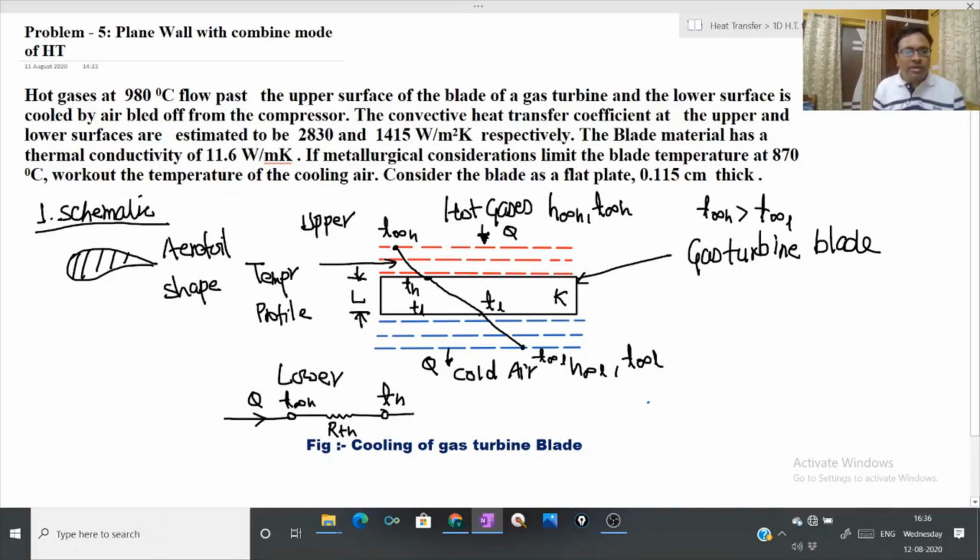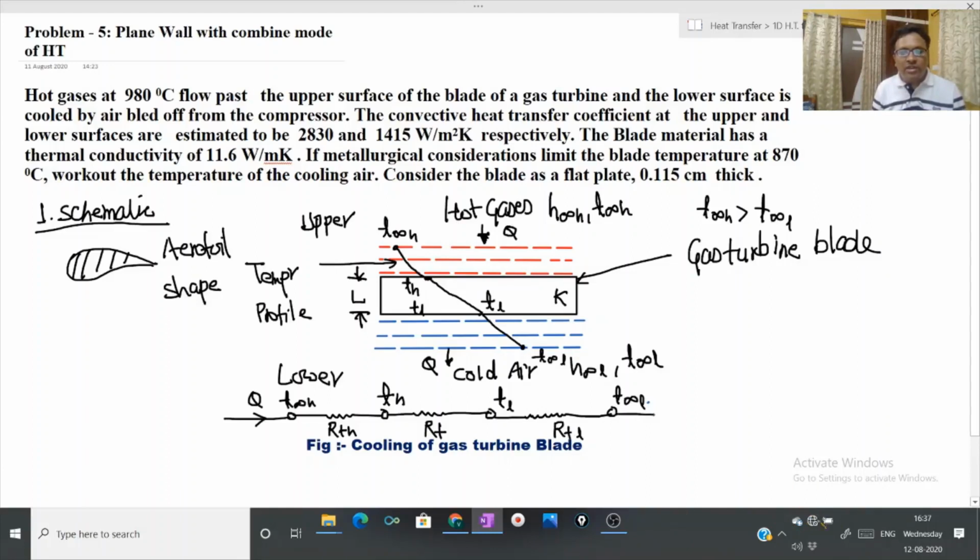The second thermal resistance will be offered between temperatures TH and TL by the blade material. It is represented by RT. And finally, convective thermal resistance will be offered by the cold air film between temperatures TL and T infinity L, and it is represented by RTL.